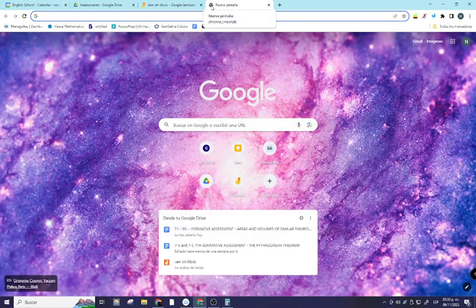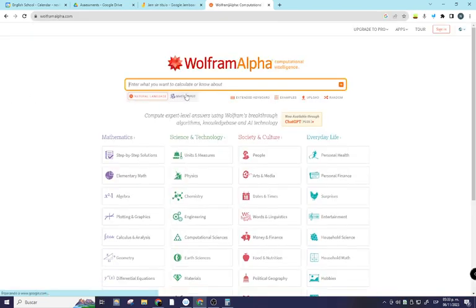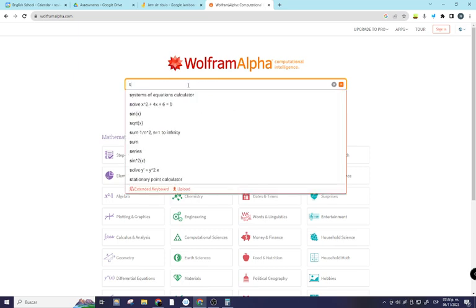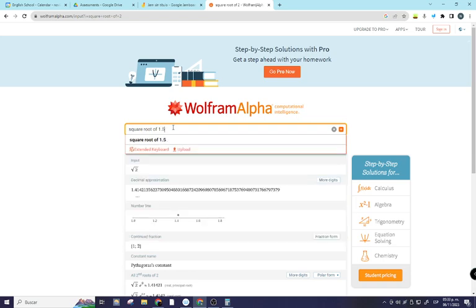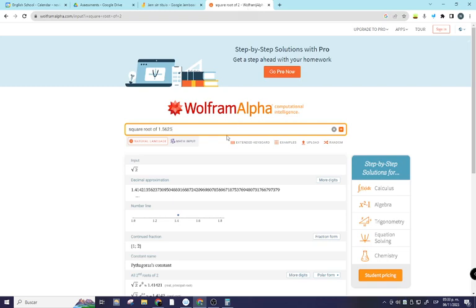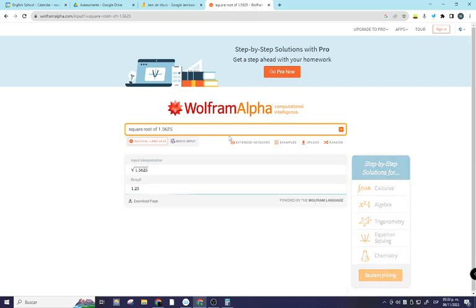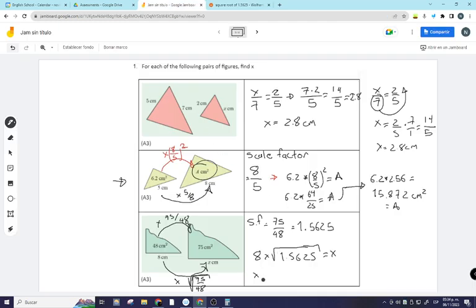I don't know what happened with that calculator. Square root of 1.5625. Let's check. It's that one. Well, who knew? It's exactly 1.25. The other calculator was actually correct.